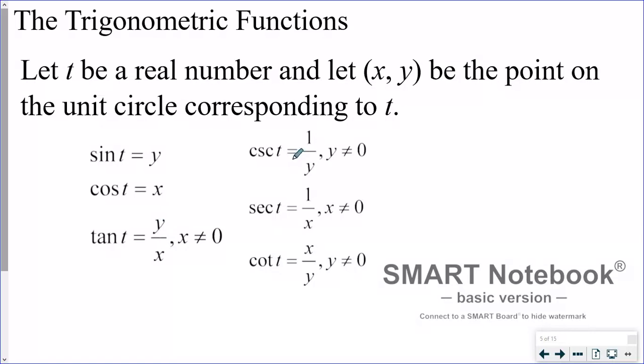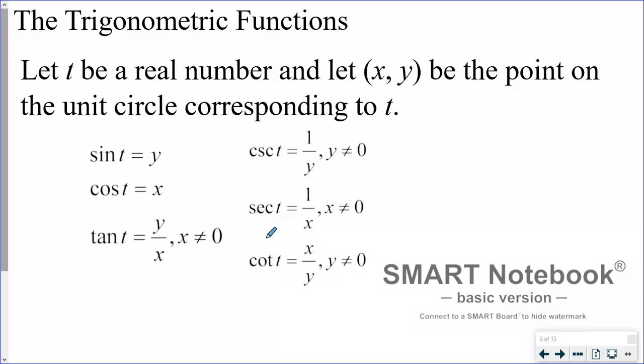Now, these you may or may not have seen in geometry. I know Kelsey did, because I taught it in geometry, mainly because I teach all the honors precalculus classes, so I know what you're going to need.